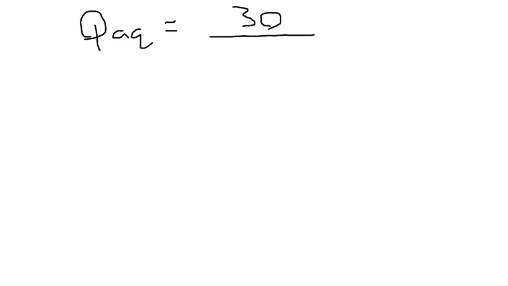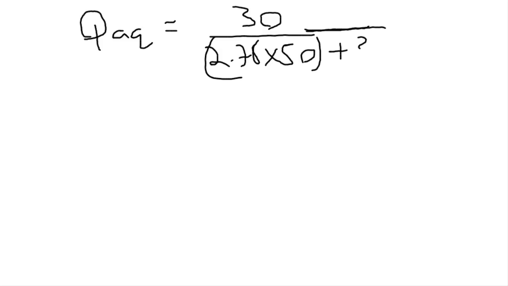So we have everything we need now. We can plug in the fraction of the aqueous phase, which is going to be volume of the aqueous phase, which is 30 milliliters, divided by 2.78, the value of D, times 50, volume of the organic phase, plus 30, the volume of the aqueous phase, and that gives us a value of 0.177.